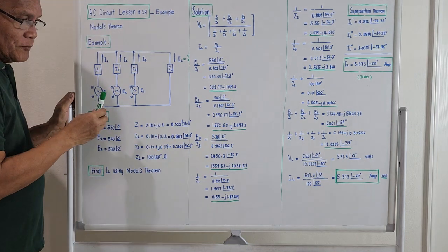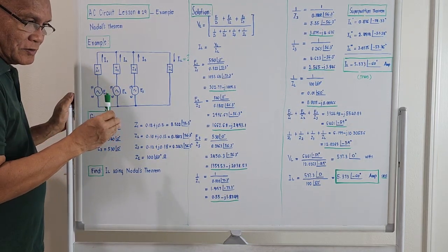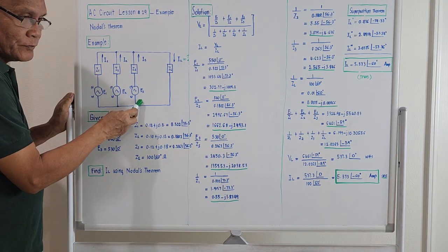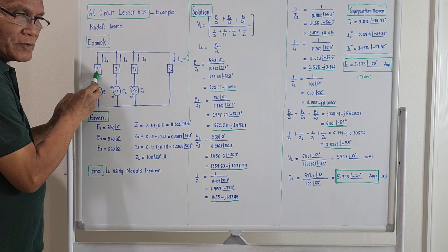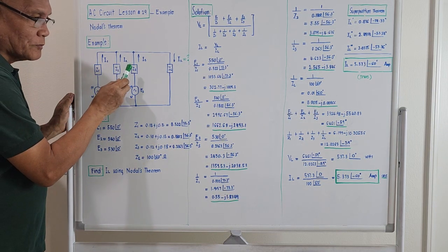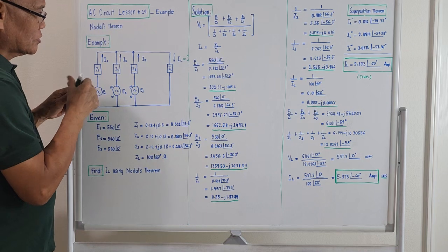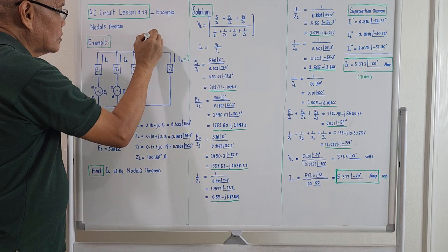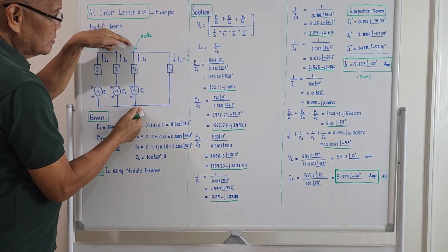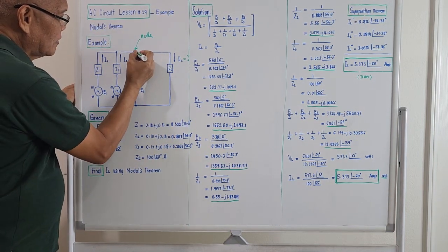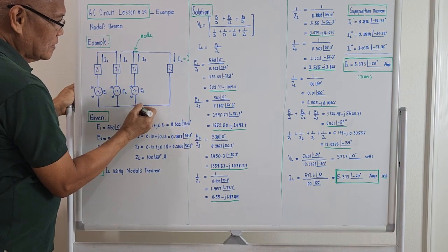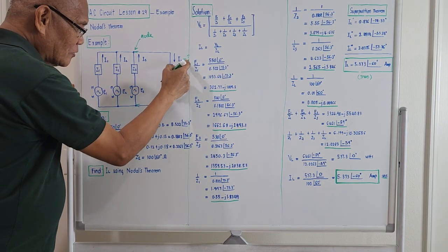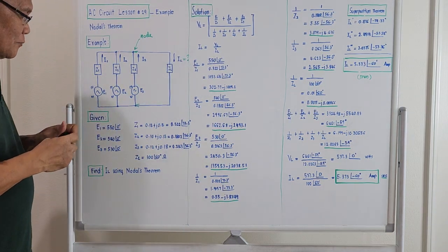We are given three voltage sources and they are connected in parallel, so this should be E1, E2, E3, with internal impedance number 1, number 2, number 3, and across this is a node. Okay, we connected the load, and the problem is asking what will be the current delivered to the load with the given specifications.